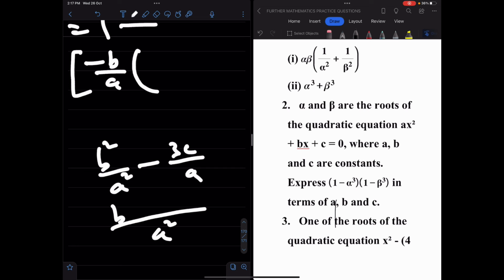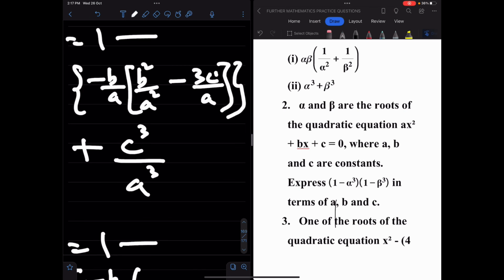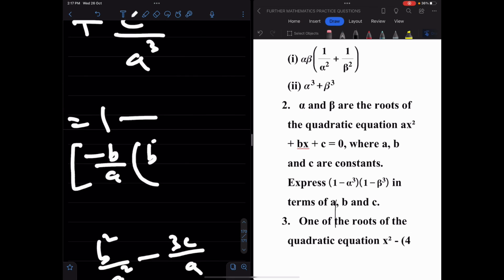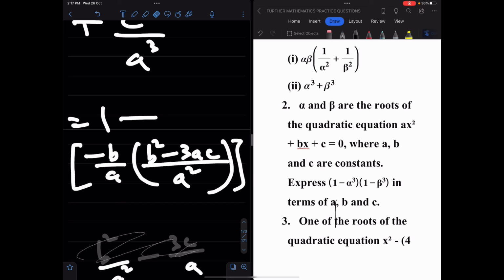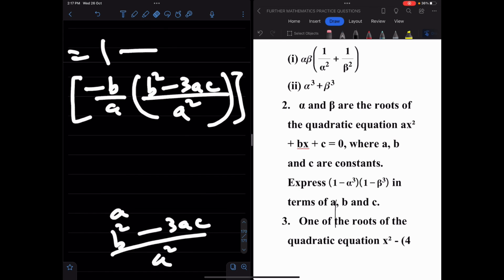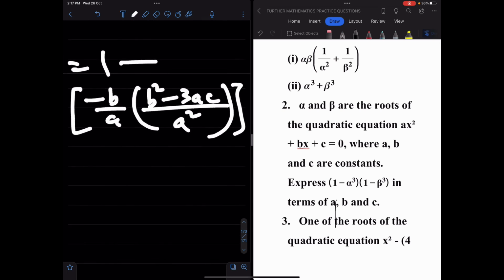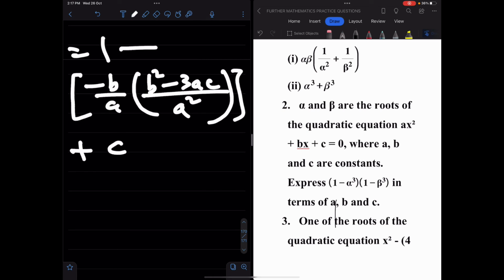A squared in a squared is 1 times b squared, minus a squared divided by a is a times 3c, that's 3ac. So this is the same as b squared minus 3ac over a squared, and that will be plus c cubed over a cubed.